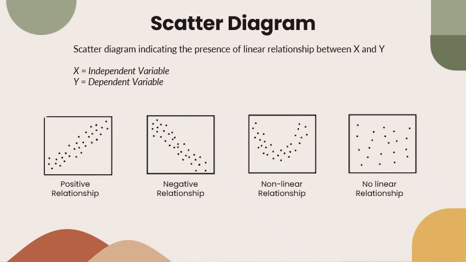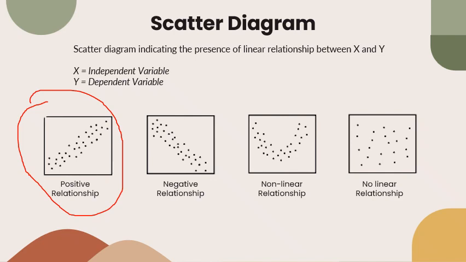So we can see four types of scatter diagram here. If the correlation between the independent variable and dependent variable is a positive relationship, you can see it in the first diagram here. It moves from the left to the right, going up.